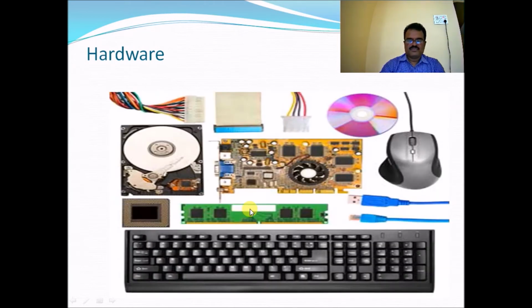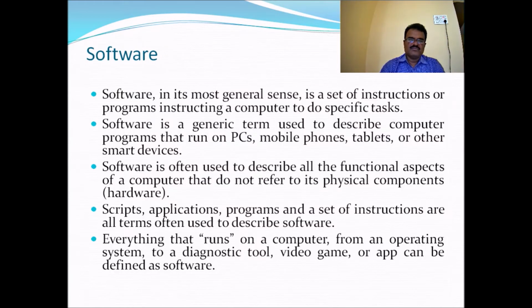So far we have seen what is hardware. Now we are going to see software. Software, in its most general sense, is a set of instructions or programs instructing a computer to do specific tasks. Software is a generic term used to describe computer programs that run on PCs, mobile phones, tablets, or other smart devices. Software is often used to describe all the functional aspects of a computer that do not refer to its physical components or hardware.